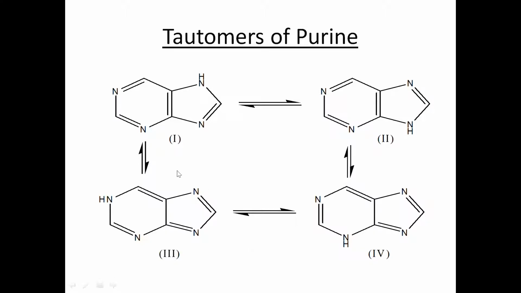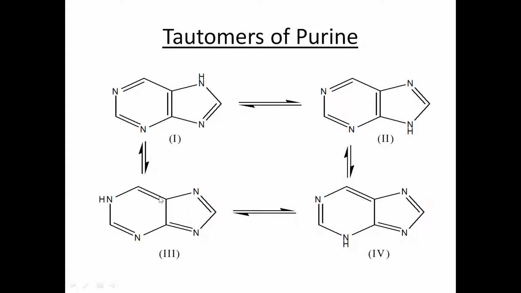Now you can see that in the first and second, the pyrimidine ring is present. The pyrimidine ring is an aromatic ring, so it provides stability to the first and second structures. What about the third and fourth structures? You can see that none of the rings is aromatic in nature.